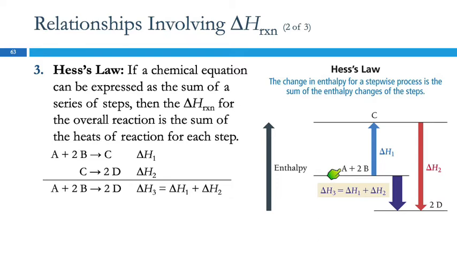But if we know that A plus 2B making C has this delta H, it's absorbing energy, and then when C reacts to form 2Ds, it's releasing this much energy. This one is equal to the sum of those. So this distance is equal to the sum of those. This is positive and this one's negative.